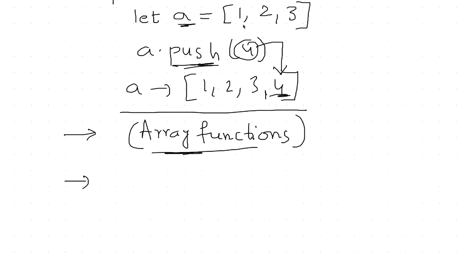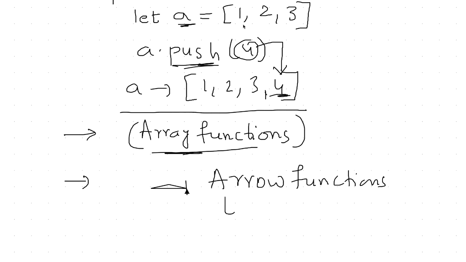So again, you have these functions which are the arrow functions. Arrow functions are the new way of writing JavaScript functions, ES6 and ES5. Understanding the differences between ES6 and ES5, these are all concepts. Okay.